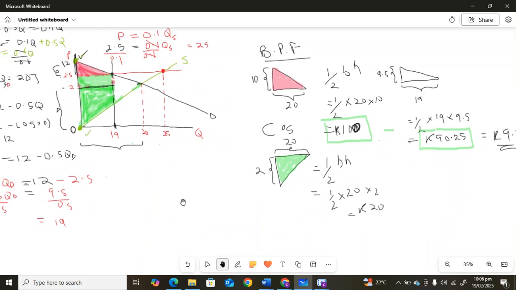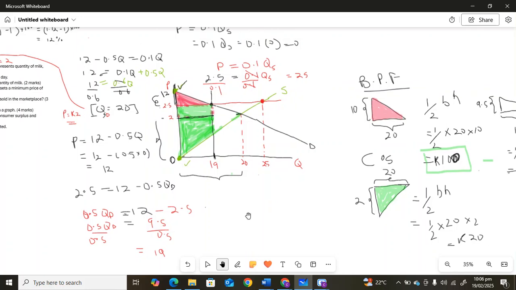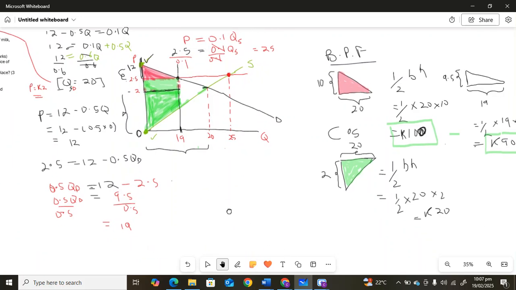Now we go to our producer surplus here. This trapezium here. Let me draw it here.